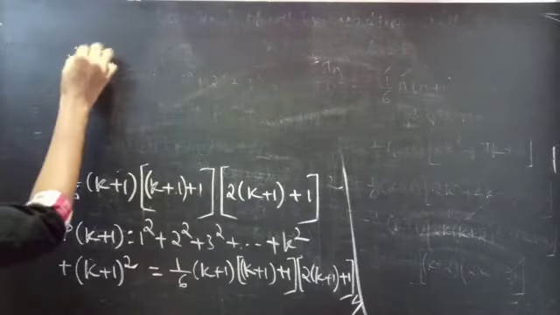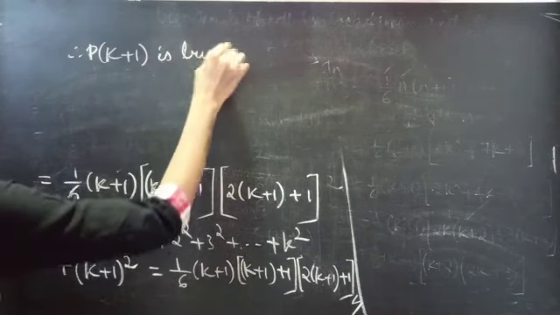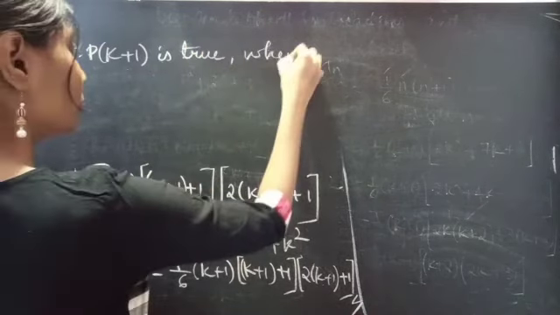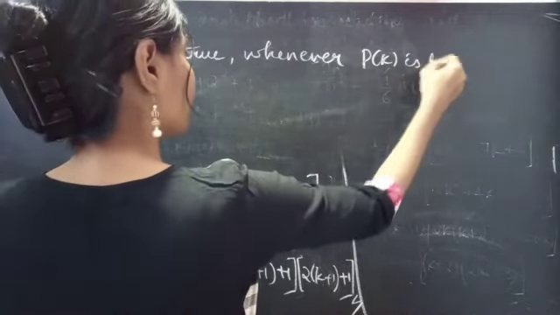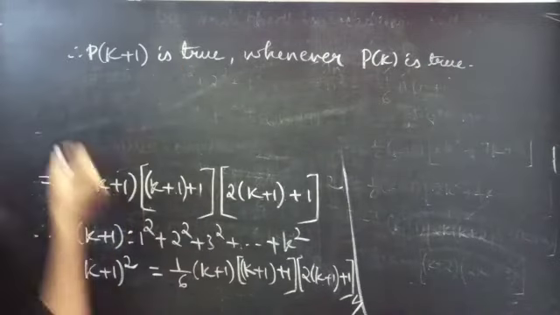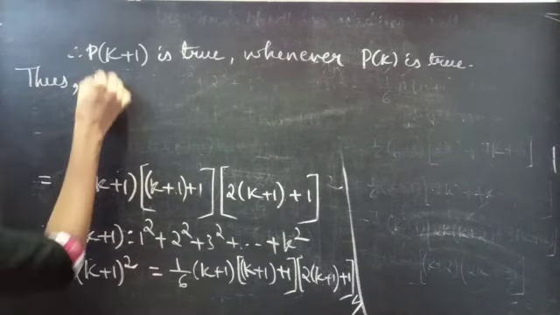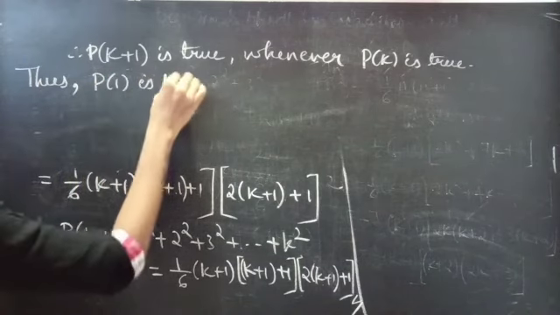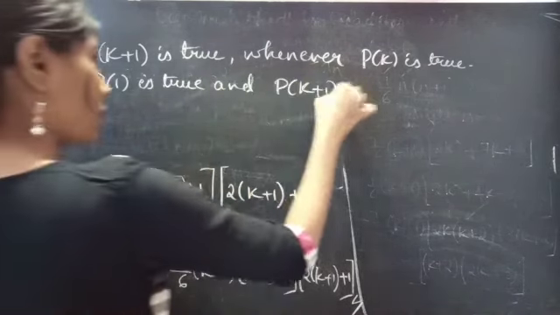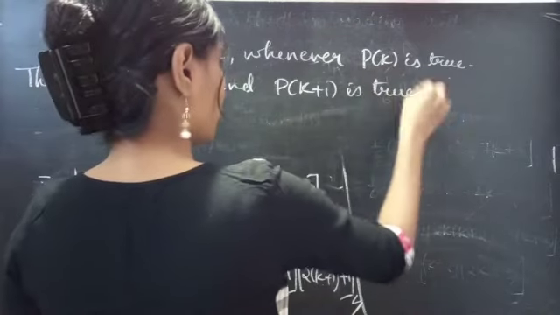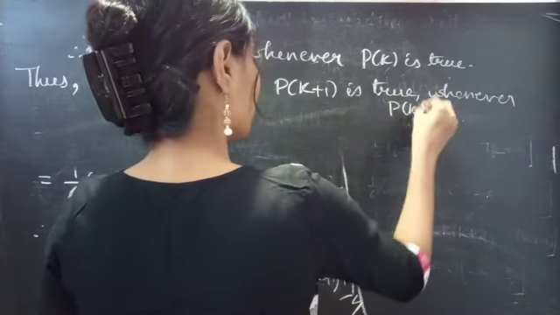Therefore, P of k plus 1 is true whenever P of k is true. Thus, P of 1 is true and P of k plus 1 is true whenever P of k is true.